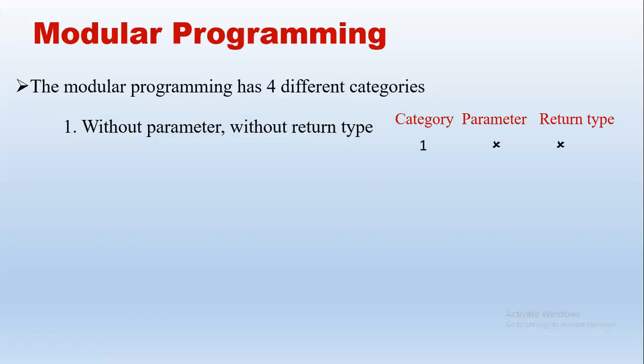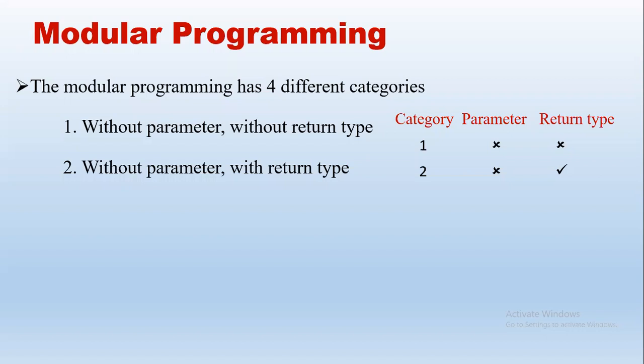The second type is without parameter but with return type. There is no parameter passed. That means the values have to be taken inside the function. If it wants to calculate, say, adding a and b, they are not passed as parameters. So in the function add, or say sum, we can take input for a and b, add them, and store the result in total, for example.